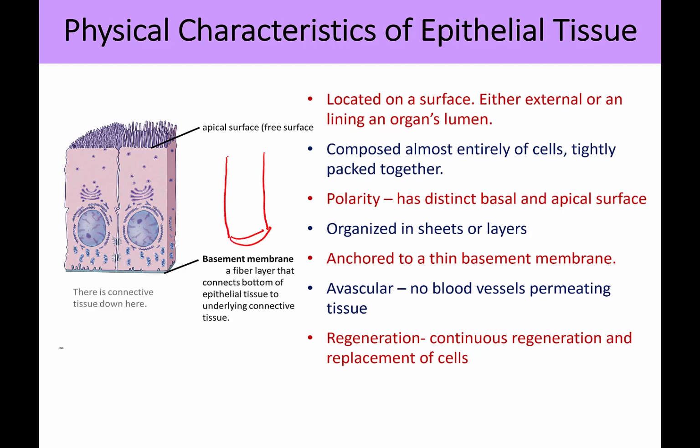If this is a tube, this in here is the lumen, the empty part where you can actually store things inside. That could be food or blood, depending on if that is an intestine or blood vessels. So epithelial tissues would line that part.